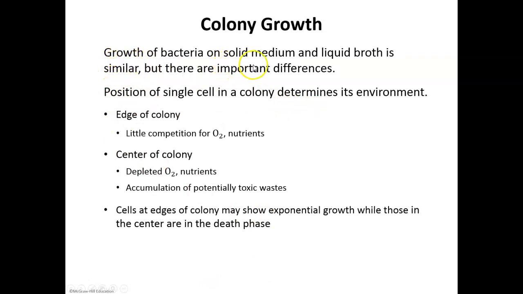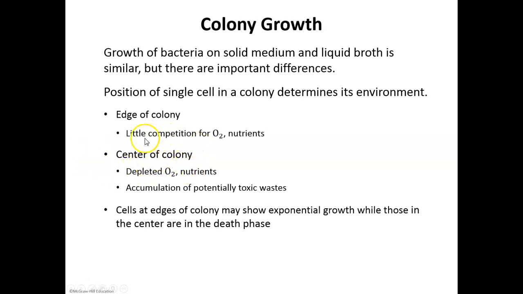So where the bacteria are going to be located is going to determine how well they will survive. So think about bacteria on a medium. The bacteria on the edge of the medium are going to be able to gain more nutrients easier than the bacteria in the center.